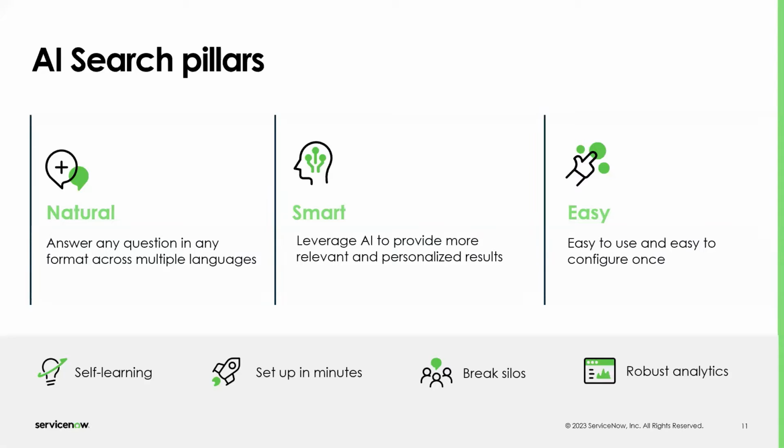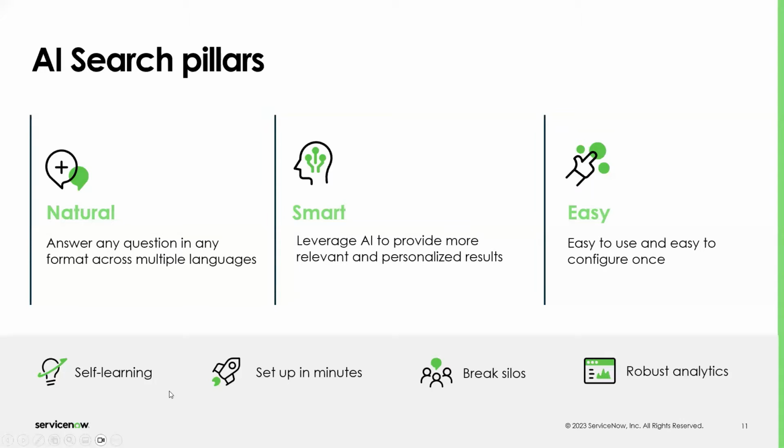Our AI search modules are really getting smarter day by day. They are smart enough and growing themselves to give us the best personalized search results. Of course, it is very easy to use.